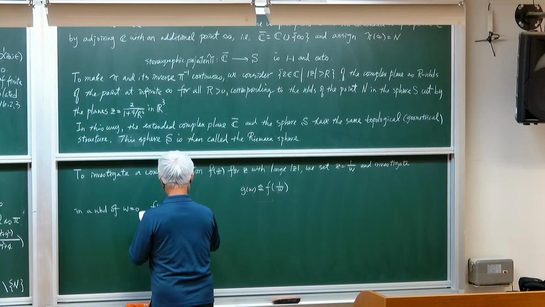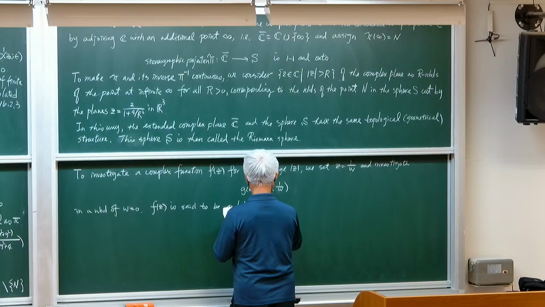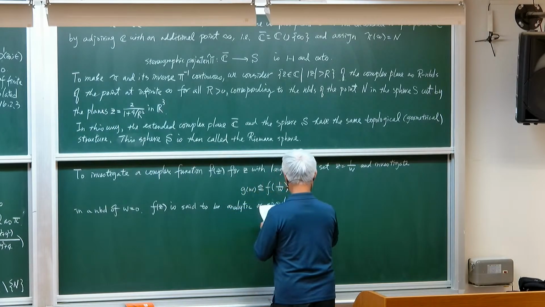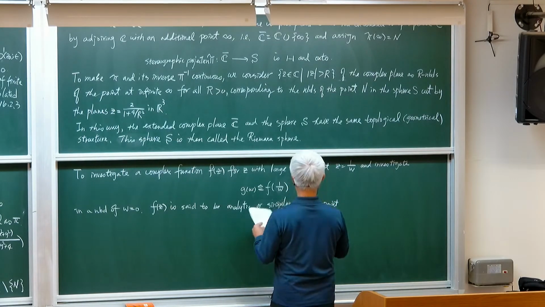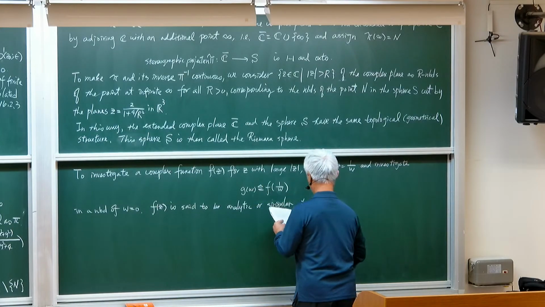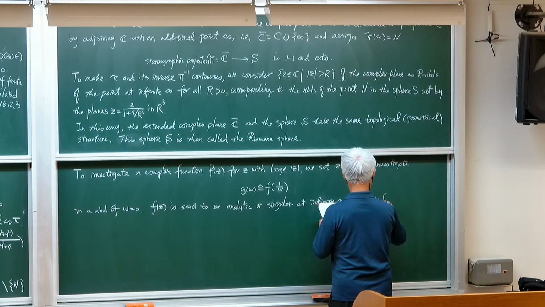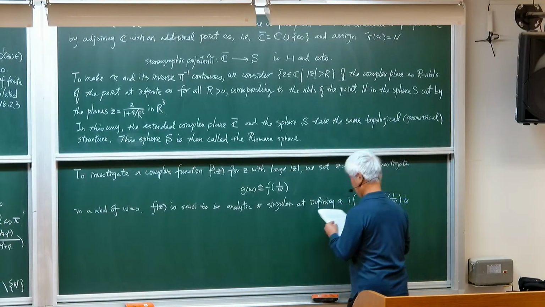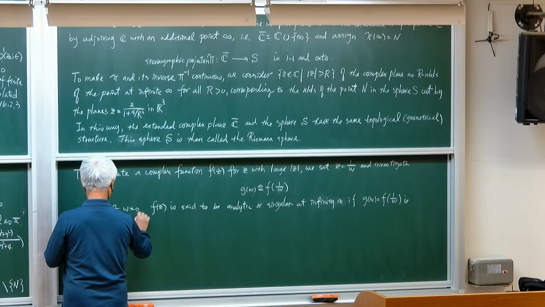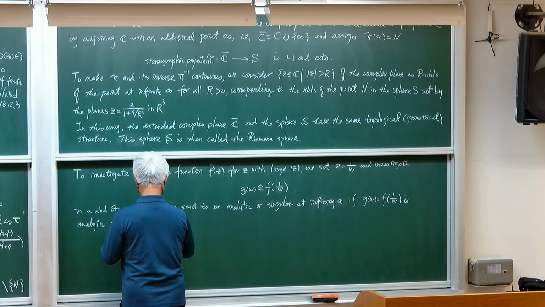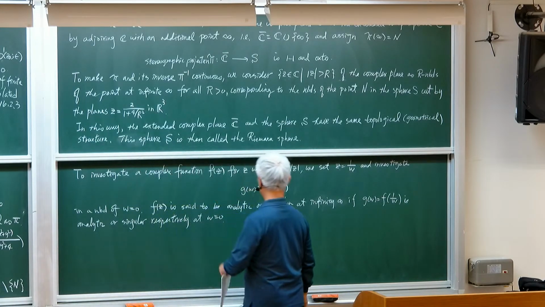So f of z is said to be analytic or singular at the point, or at infinity, if g of w, which is defined to be f of 1 over w, is analytic or singular respectively at w equal to 0.